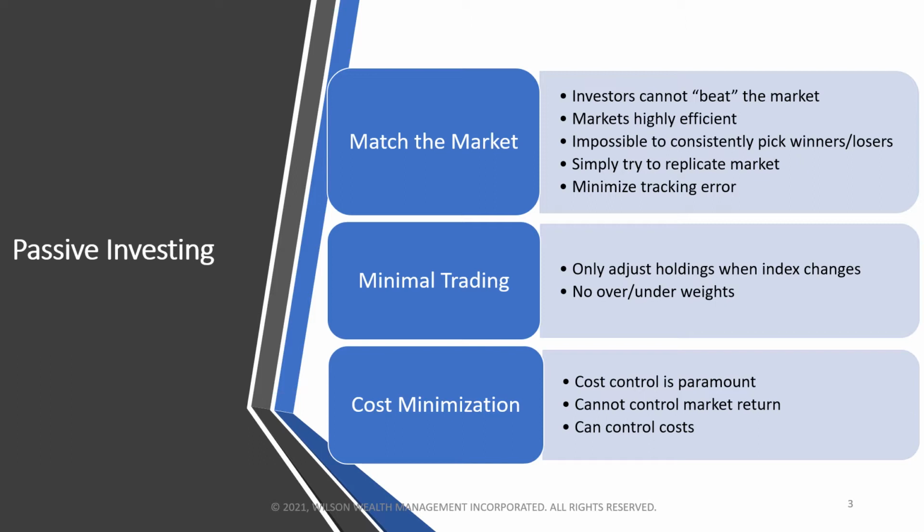So if you can't beat the market, you just want to invest to replicate the market. And the key here in replicating is to, as closely as possible, match that market return. Now, some funds may fully replicate.